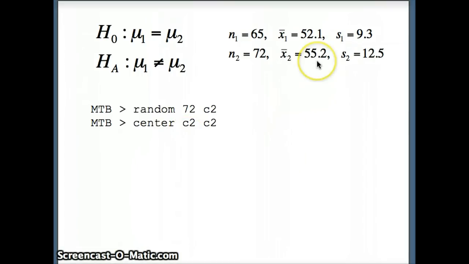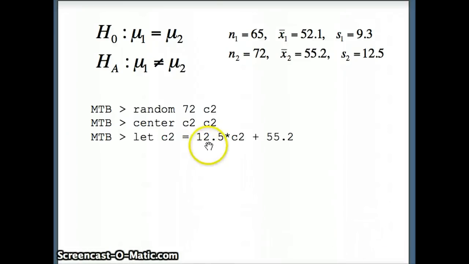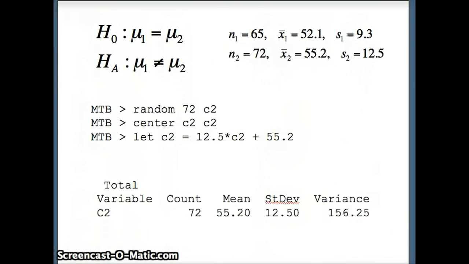Then when I add 55.2, that will not change the standard deviation, but will change the mean. So the command there is going to be let C2 equal 12.5 times C2 plus 55.2. And now we can look at our descriptive statistics, and we have what we need there as well. So we have constructed two artificial data sets, C1 and C2, that will have the required characteristics.